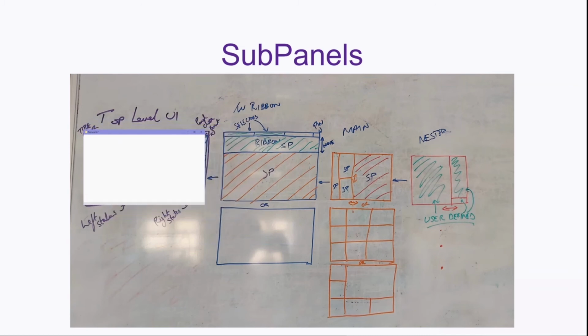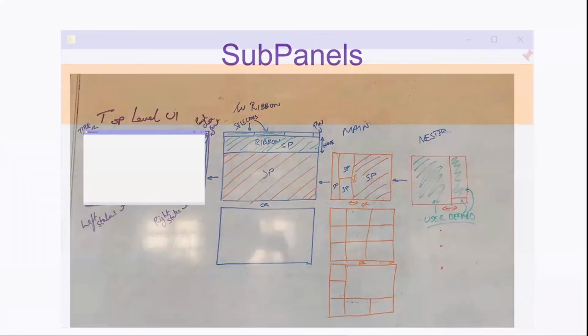Next to that, I have this user interface. This user interface has two subpanels, one here, one here. There's another subpanel here. There's another subpanel right at the bottom. And all of those are split up in splitter bars.